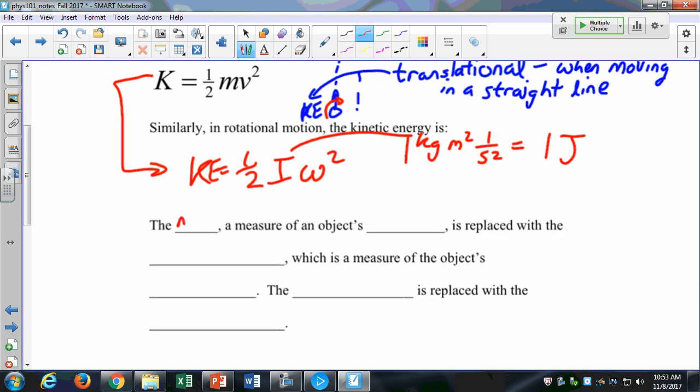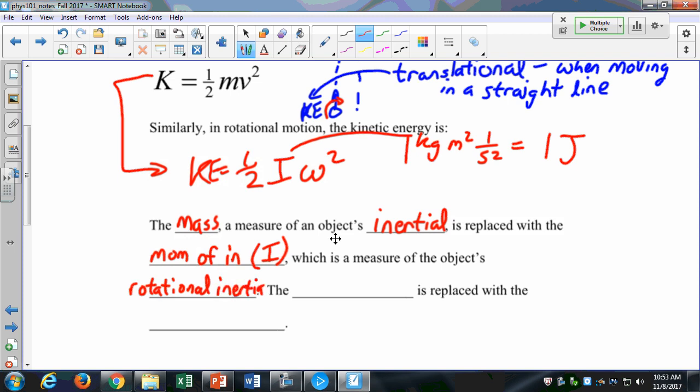So the mass, we've talked about this, but the mass is a measure of an object's inertia. In this translational energy, it's going to be replaced with the moment of inertia. That's I, which is a measure of the object's rotational inertia. And the speed is replaced with the angular speed.